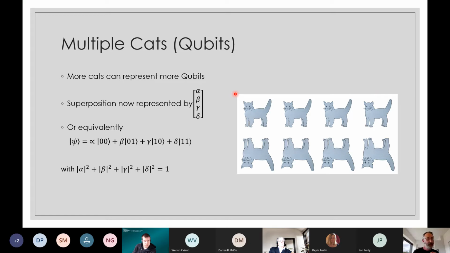If you've got a 2-qubit machine, you've got 4 possible states that can be in. You can have dead, dead, dead, alive, alive, dead, and alive, alive cat. And we can write an equation out that represents how that combined set of states are at any one time.